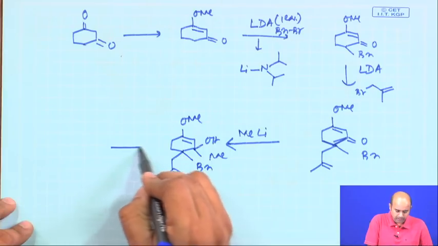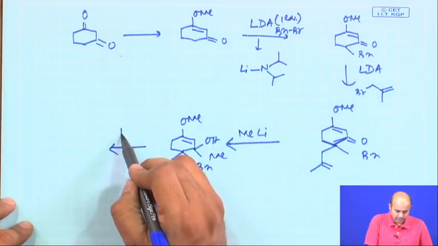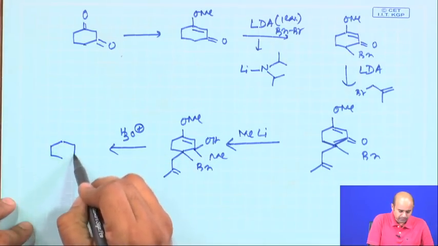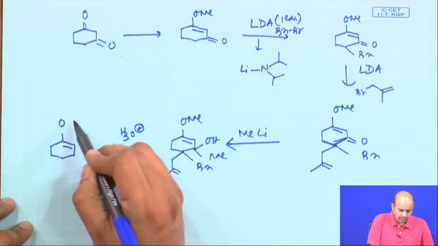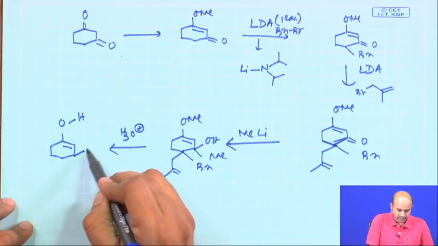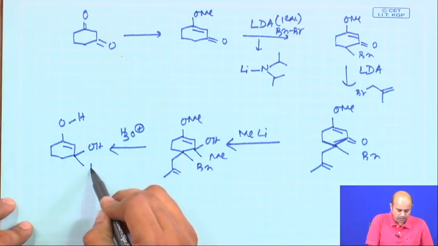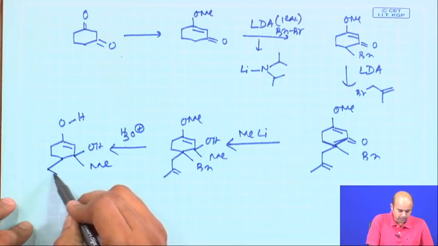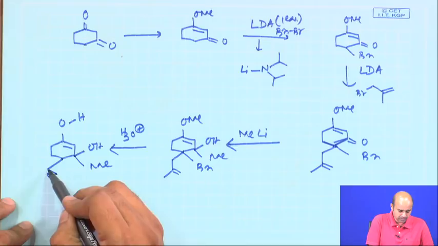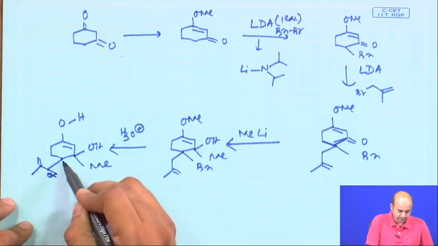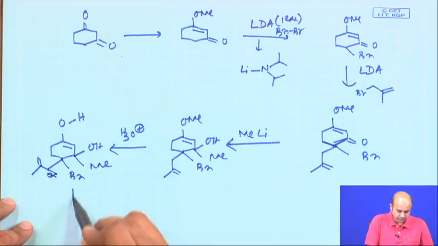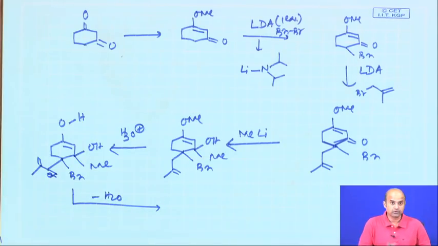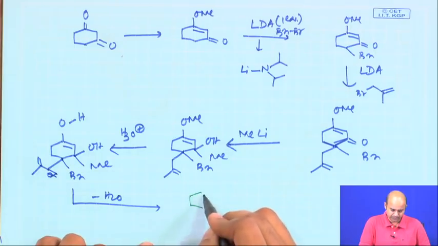Now, you do a similar kind of thing, vinyl ether hydrolysis, just exposure to mineral acid, and your vinyl ether will be hydrolyzed and then it tends to enolize, followed by water elimination. The rest of the molecule remains similar, and your benzyl. So, do a water elimination, then you get your final target.